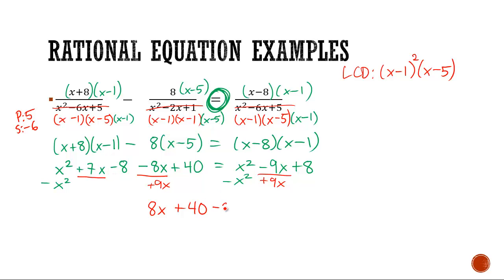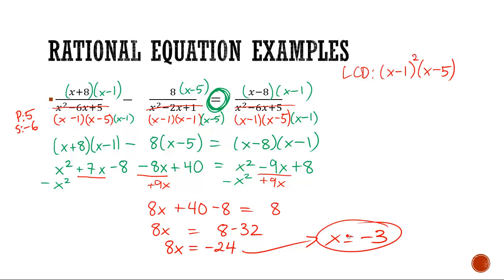So the plus 40, the minus 8 equals the 8. So then we've got 8x, and then we've got 40 minus 8, which is 32. But then we're going to subtract that from both sides, so we have 8 minus 32 on this side, which is negative 24. 8x equals negative 24, leaving us with x equals negative 3.